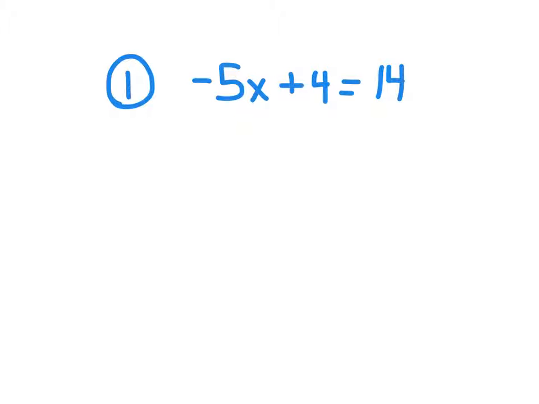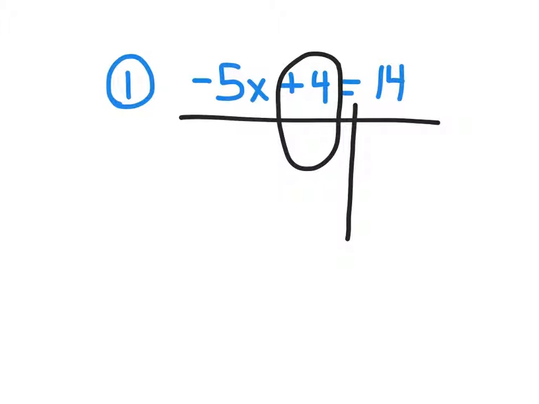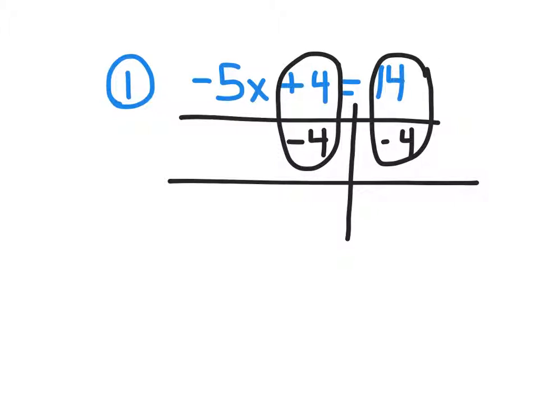So if I look at this algebraically, on the left side, I want the left side to total 14. So I'm going to create a zero pair out of positive 4 by putting a negative 4. And if I do that to the left, I have to subtract 4 on the right. 14 minus 4 is 10. And I've got a negative x with a 5 in front of it equals 10.